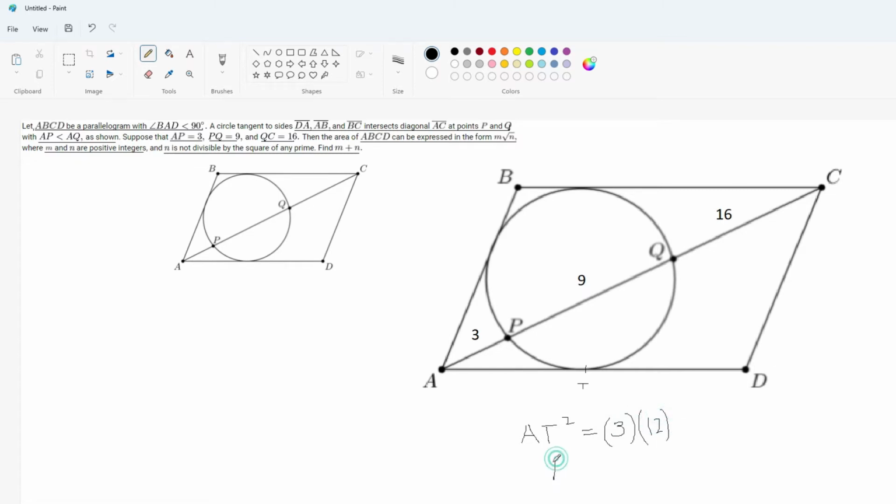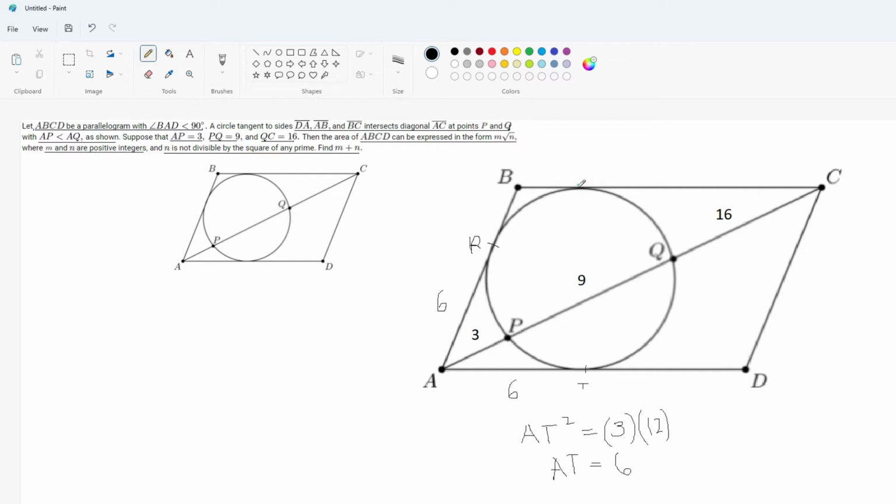Which gives us that the length for AT and any other tangent points from A to the circle is simply just 6. So we can label AT as 6 here, and we know that this length till this point, I'll call this one, what letters have we not used? R. These both have a length of 6. Second off, we just used power of point here, but we can pretty much do the same thing with point C and the same chord PQ.